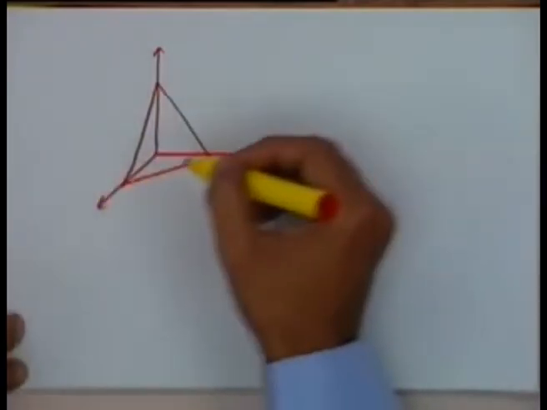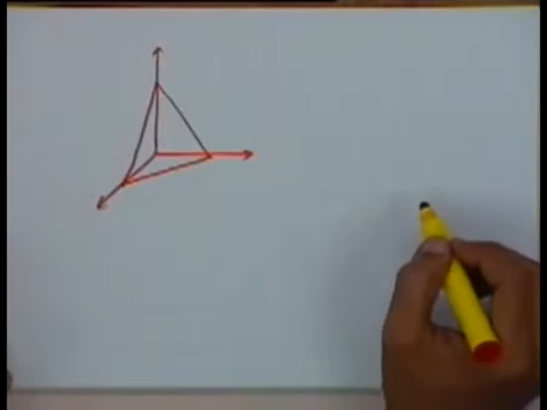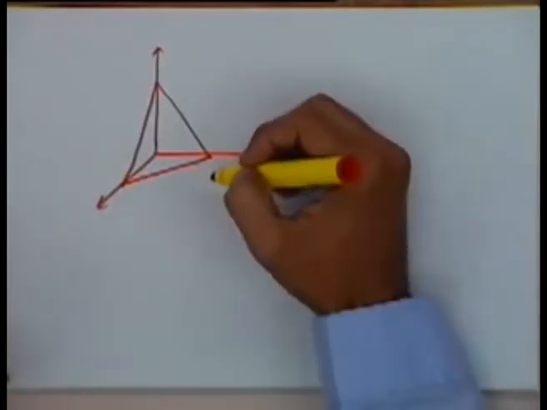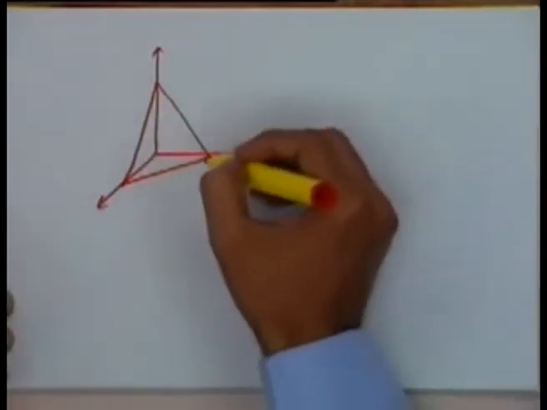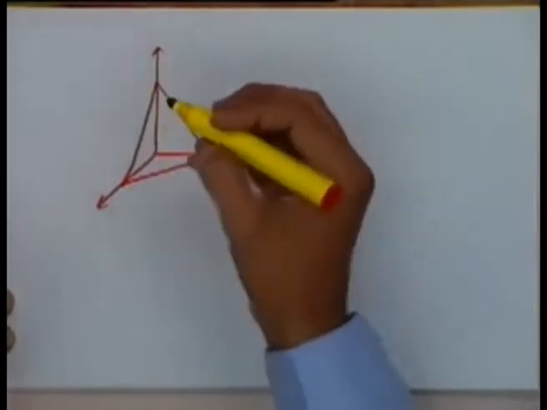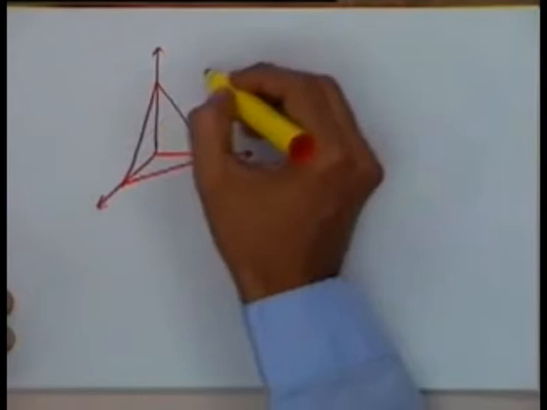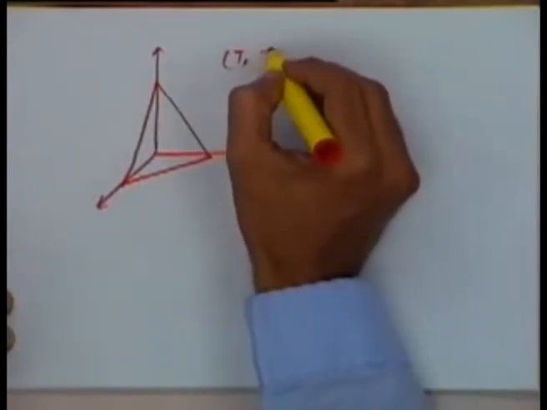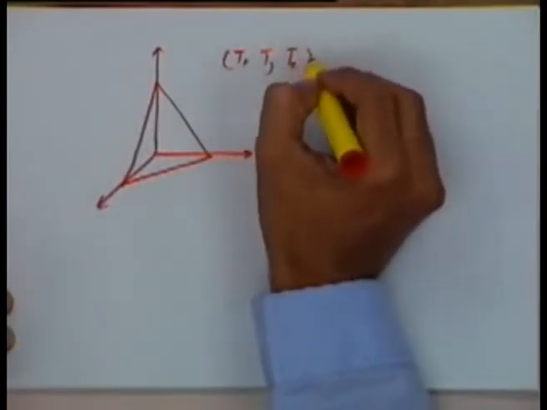If you consider an element of this shape and we write down a similar equation, now the equation will be slightly different because on this surface we will have the tractive forces, and those tractive forces will be in a direction given by Tx, Ty, Tz.